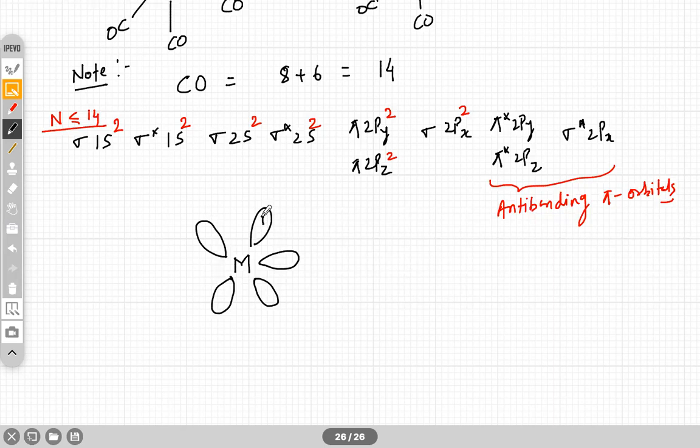One electron pair of metal involves in back bonding, and carbon monoxide is this, the C triple bond O. Oxygen has one lone pair, and the carbon has one lone pair in its orbital. One lone pair of carbon, and this is the pi star orbital, anti-bonding orbital of carbon.